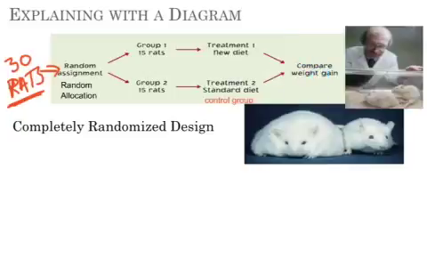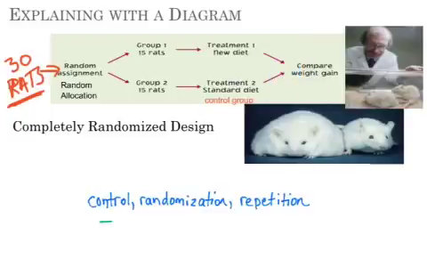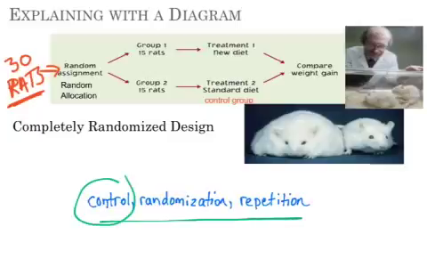And then you want to compare the weight gain between the two groups. So as you're diagramming an experiment, you always want to start with this random allocation or random assignment, split it into how many groups you need, depending on the factors and the levels that you have, explain each treatment, and then ultimately compare in the end. And you can see each of our three principles in this diagram. Control.